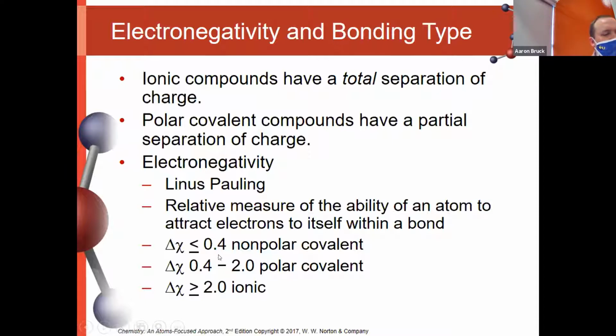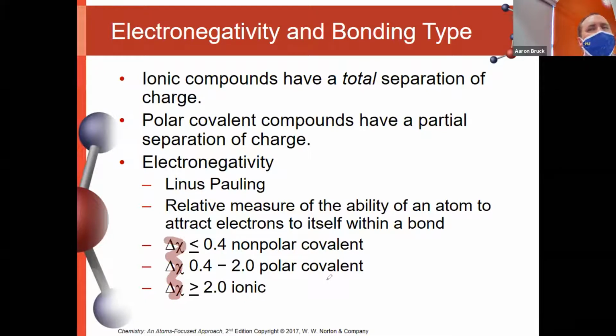We use some general characteristics. This delta chi term refers to the difference in the Pauling electronegativities for the two atoms that make up the bond.